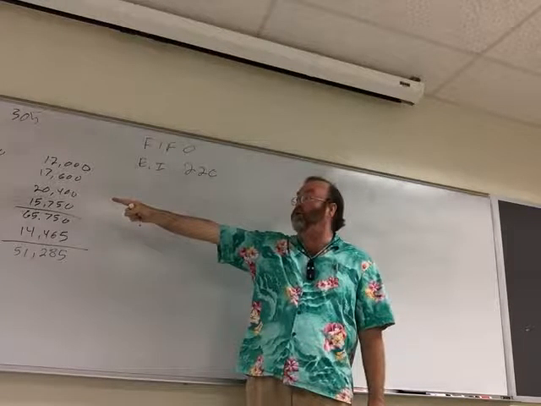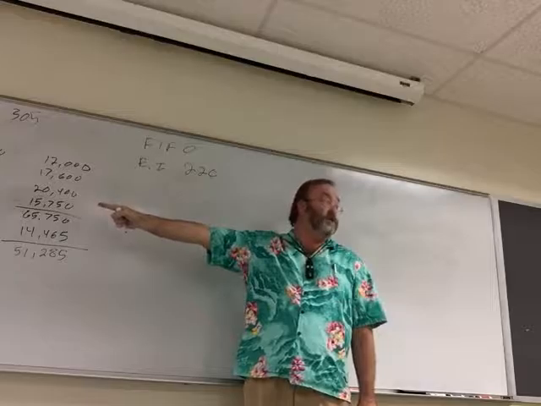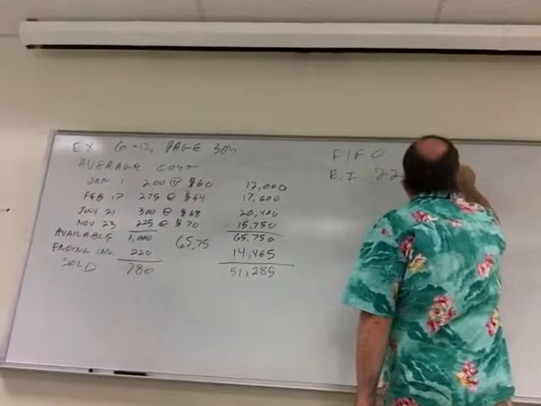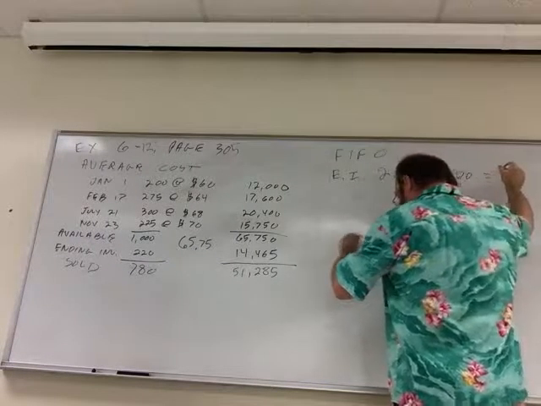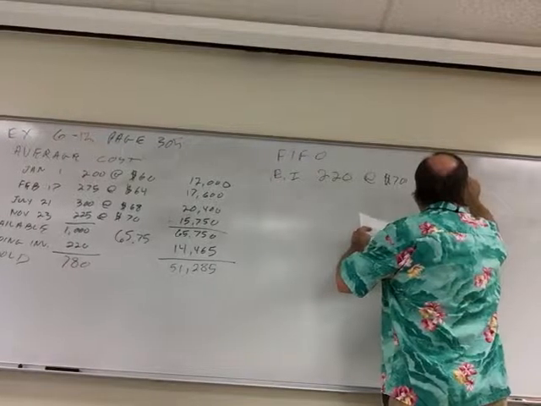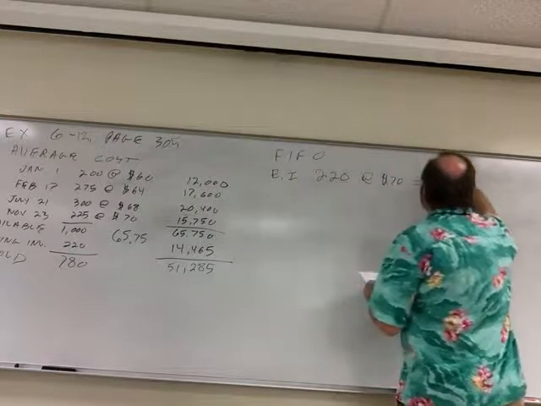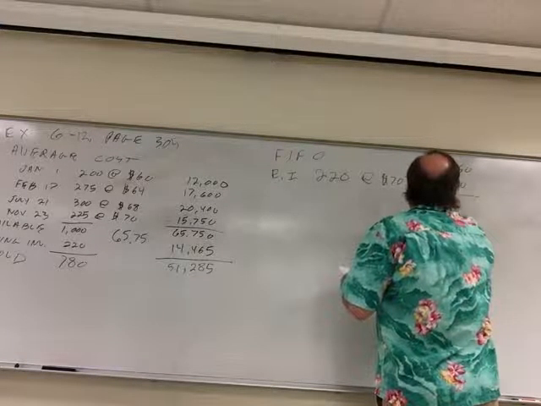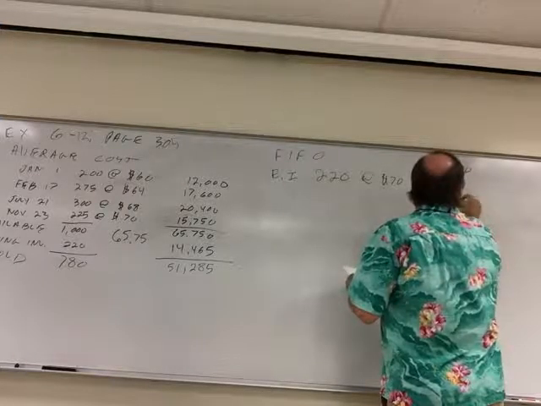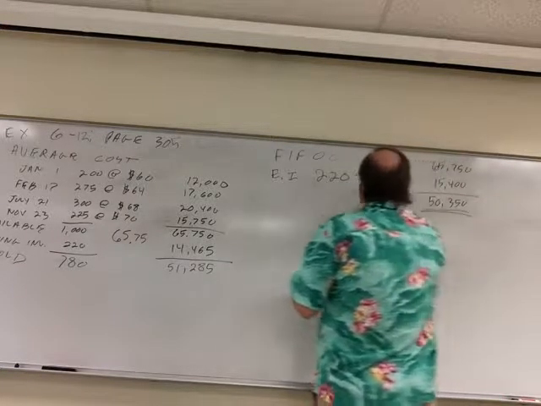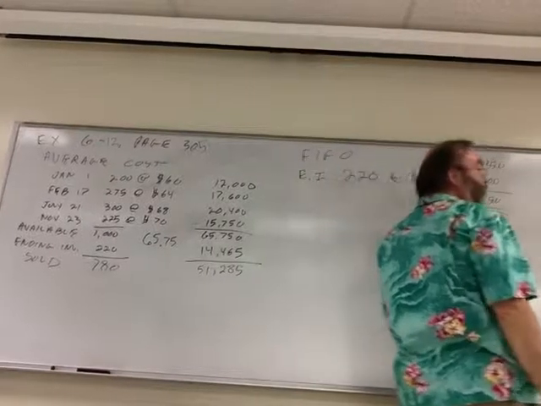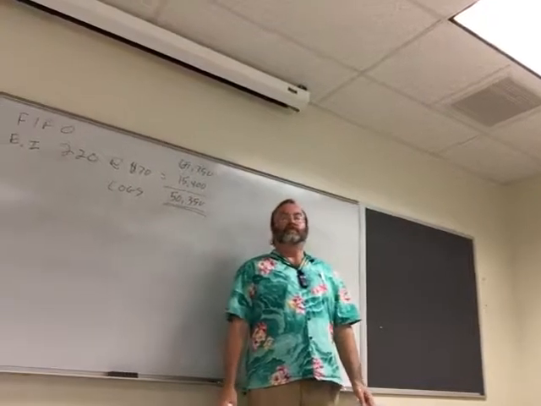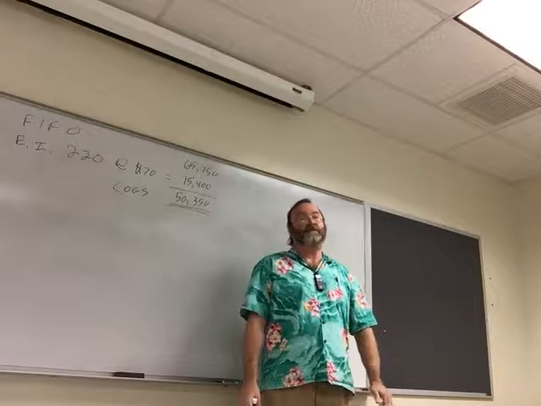We have 220 units from that November 23rd purchase. Those are the units that we have still in stock. $70 each for $15,400. If we subtract that from the $65,750, we get $50,350 worth of cost of goods sold. Yes? Is this making sense?